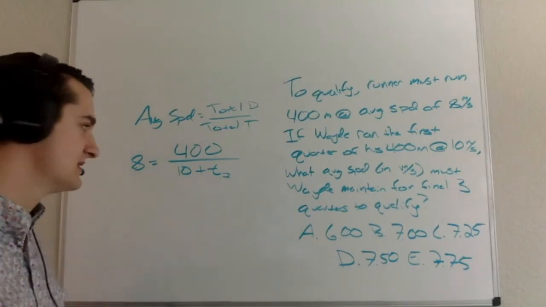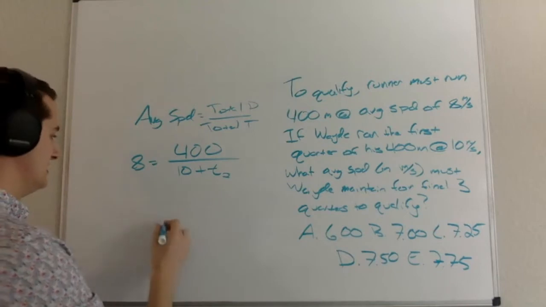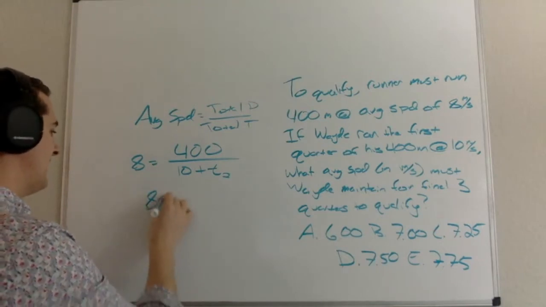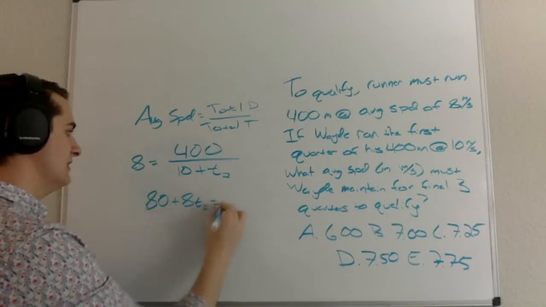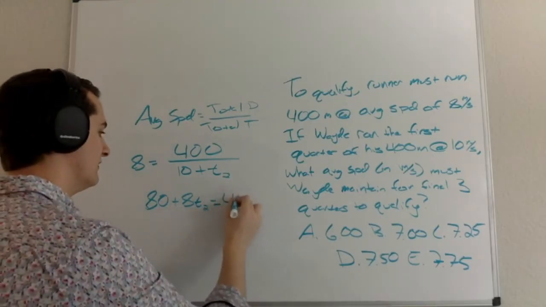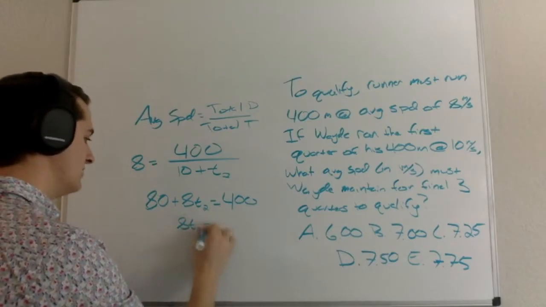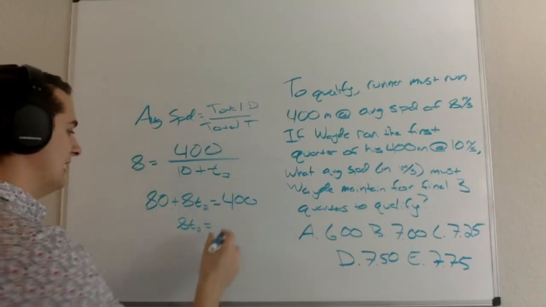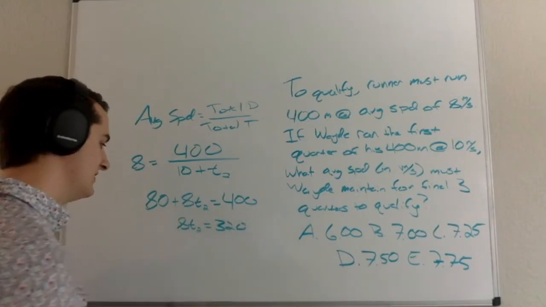I'll multiply both sides by 10 plus t sub 2, which is going to give me 80 plus 8t sub 2 is equal to 400. Then 8t sub 2 is equal to 400 minus 80, which is 320.